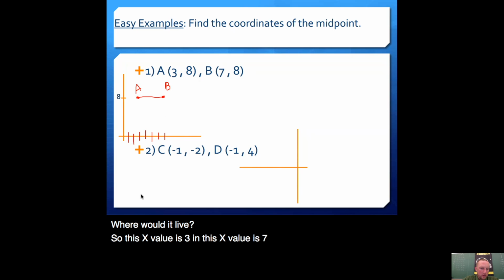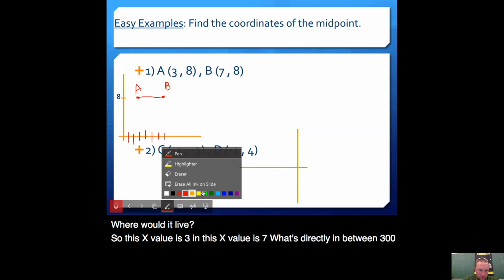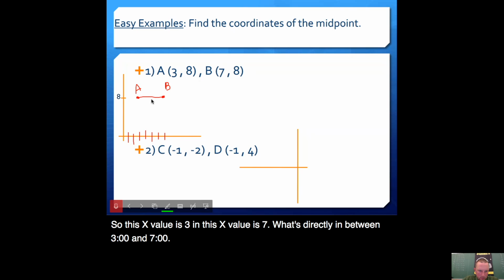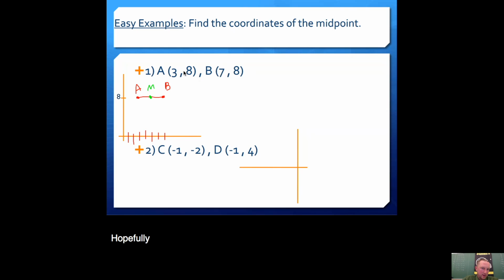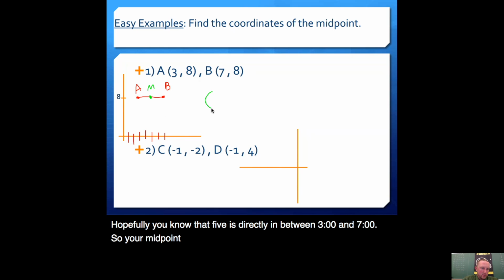What's directly in between 3 and 7? Hopefully you know that 5 is directly in between 3 and 7. So your midpoint would have an x value of 5.